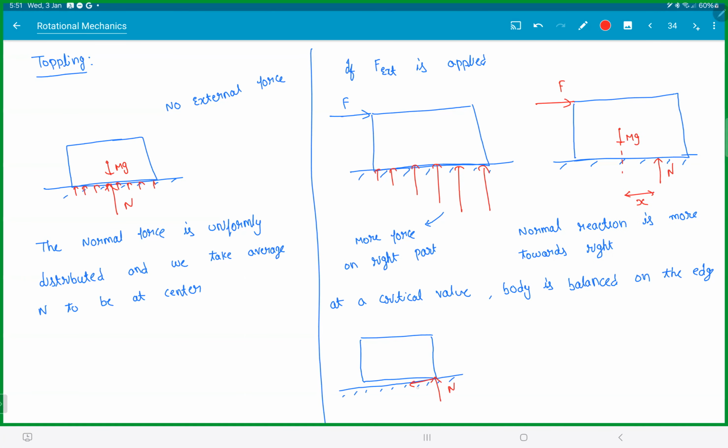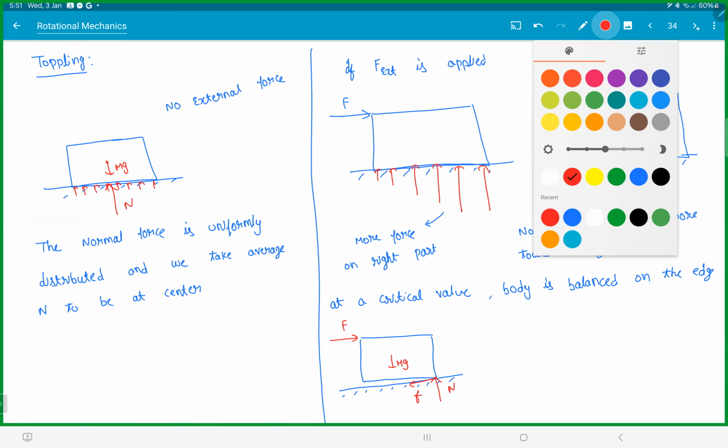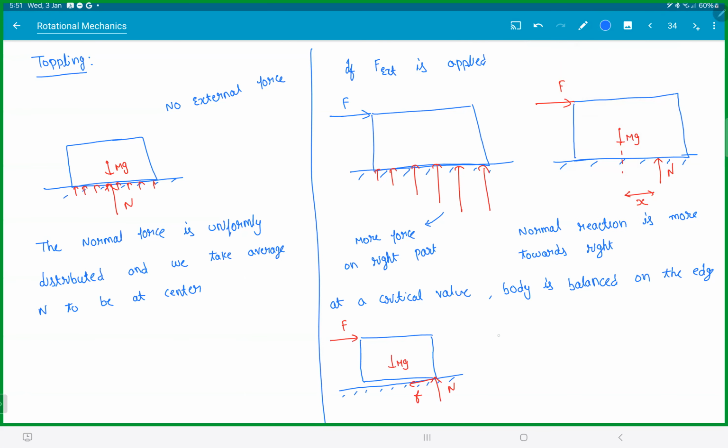So N will be like this. If there is a friction, friction will be like this. Mg like this and F like this. And if F further increases, body topples. So this is the FBD when it is about to topple.